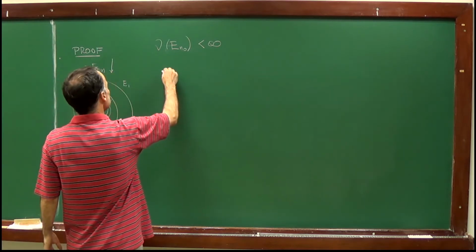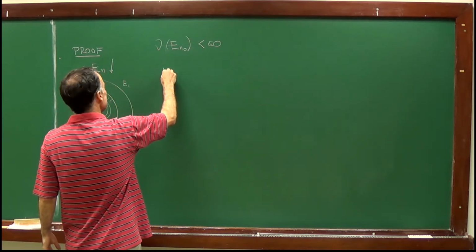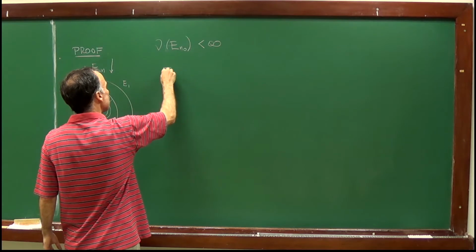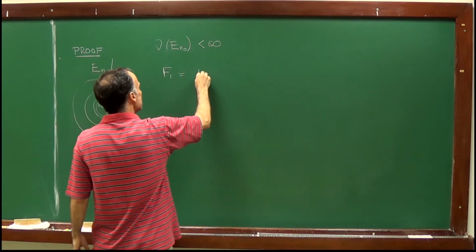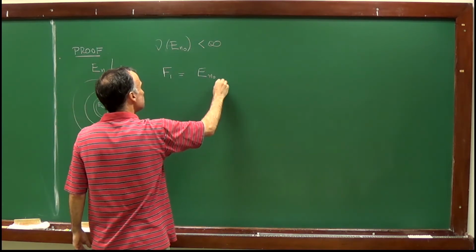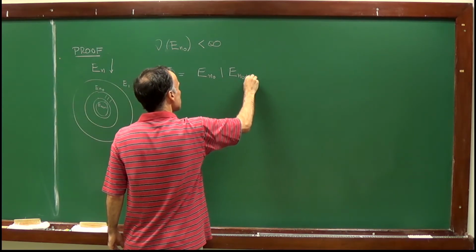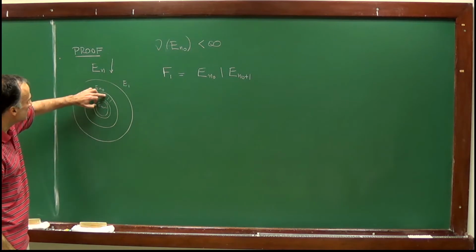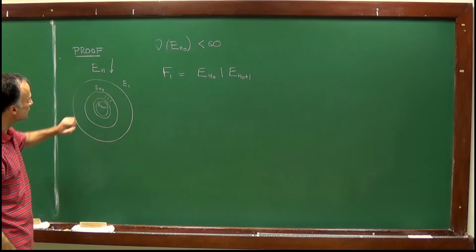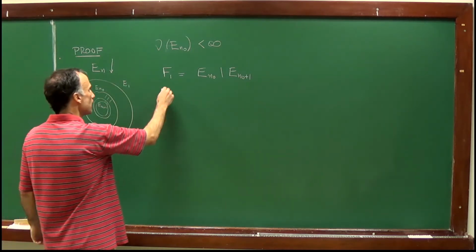So my first set F1 will be En0 minus En0 plus 1. This is the annulus that we see here. This will be the first set.